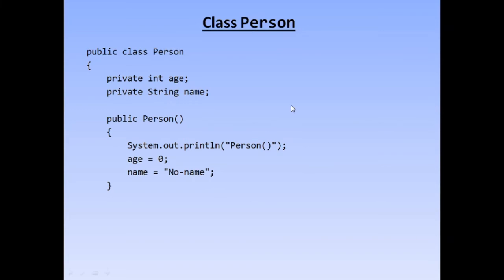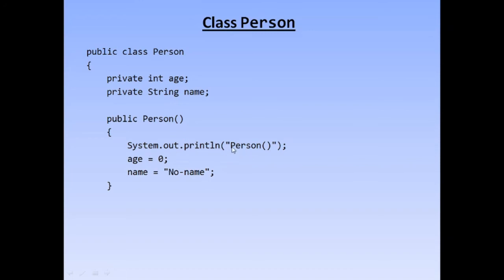Now this class Person has two attributes, age and name. The constructor is always defined to be public, and it is calling the Person function.